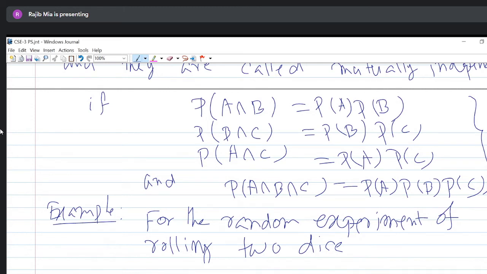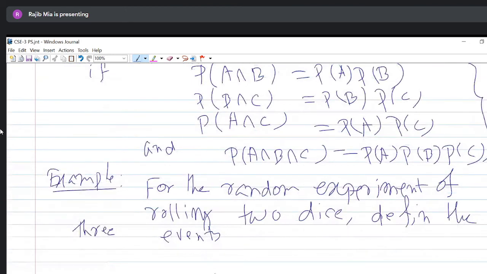So for the random experiment of rolling two dice, define the following three events. A is the event that the first die is a 1, 2, or 3.